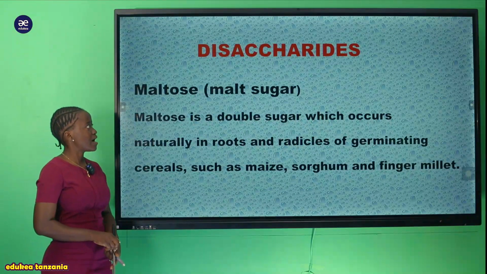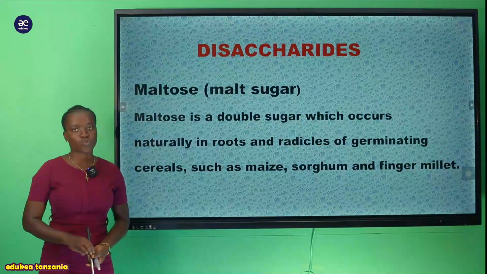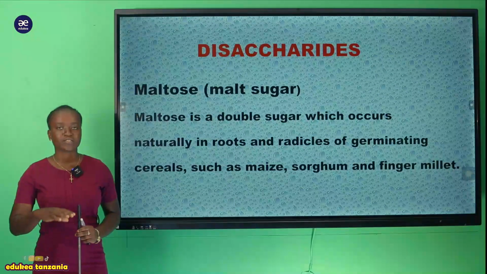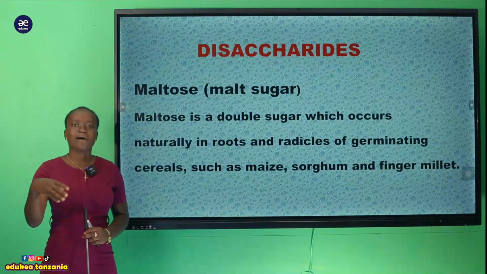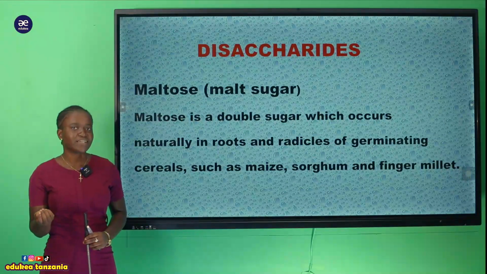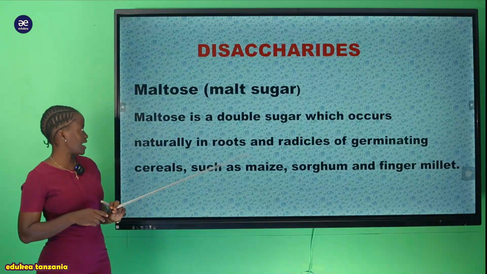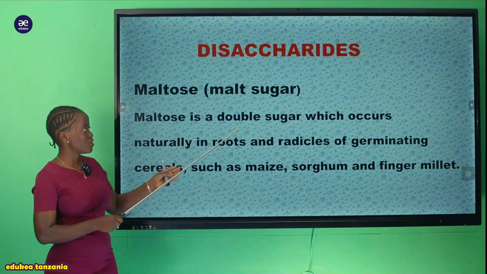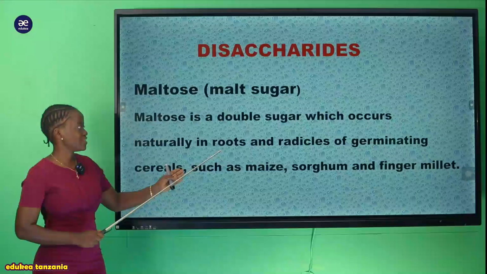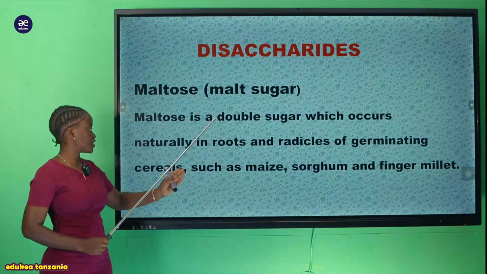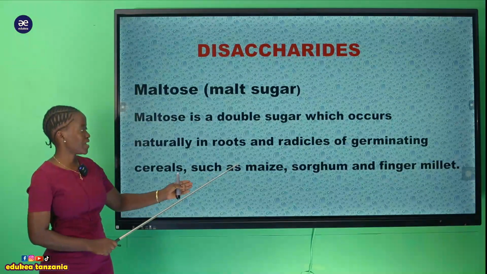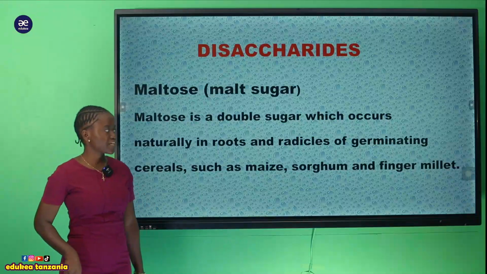Tunasema kwamba maltose ni malt sugar, they are double sugar which occurs naturally in the roots and radicles of germinating seeds such as maize, sorghum and finger millet.